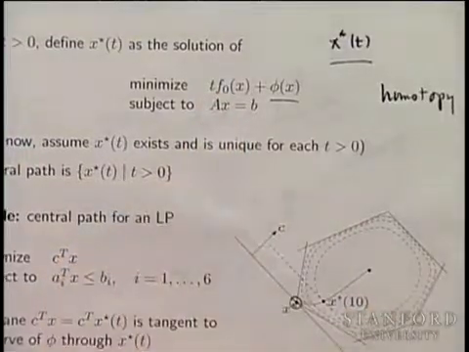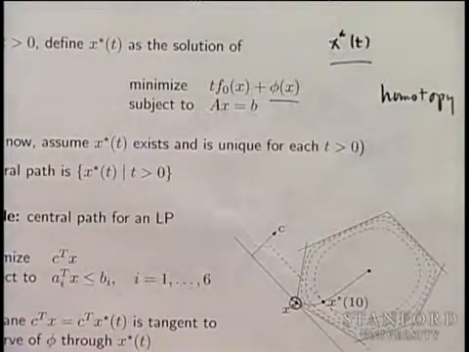You had a question? Should g of lambda be an infimum of the right-hand side over x, instead of f0 of x? Oh yeah, sorry. The reason is that my x minimizes the Lagrangian.